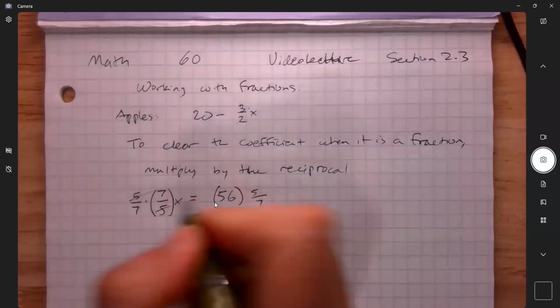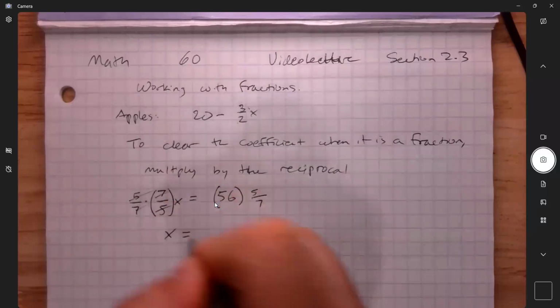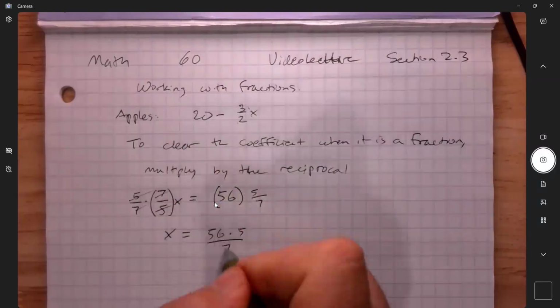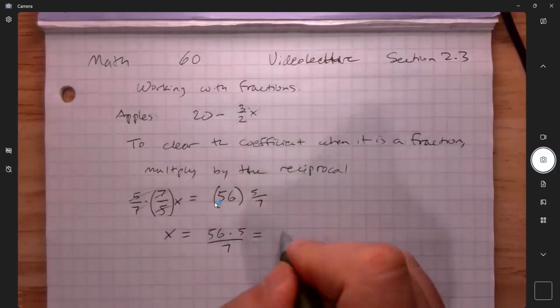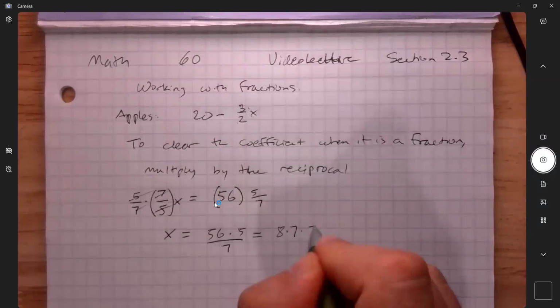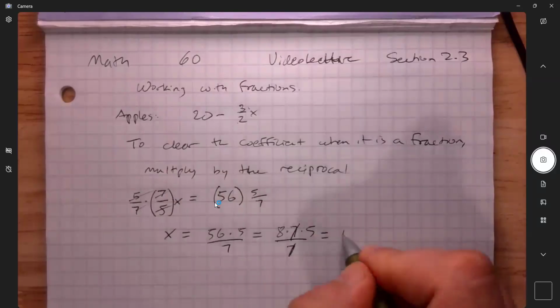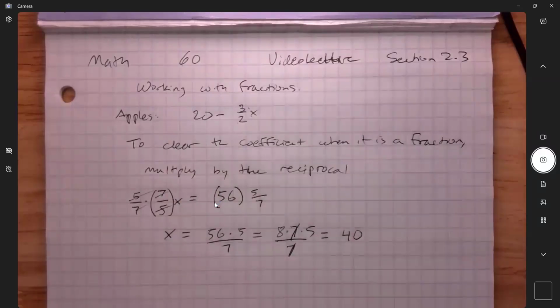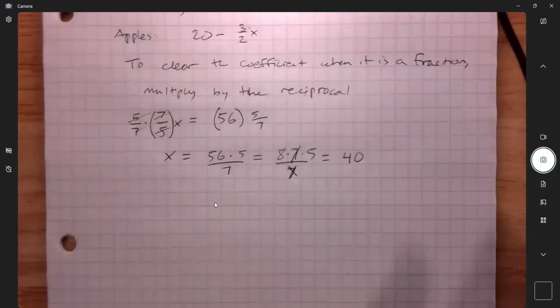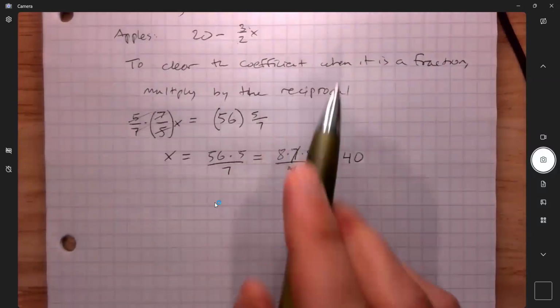The 5's cancel, the 7's cancel, leaving me an x over here. And then I have a 56 times 5 over 7. This problem works out because 56 is 8 times 7. And so the 7's cancel, and you're left with 8 times 5, which is 40. That's to clear fraction coefficients.